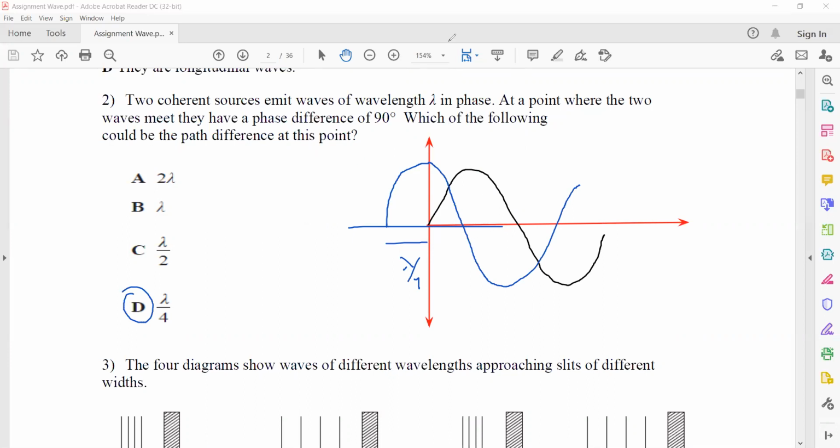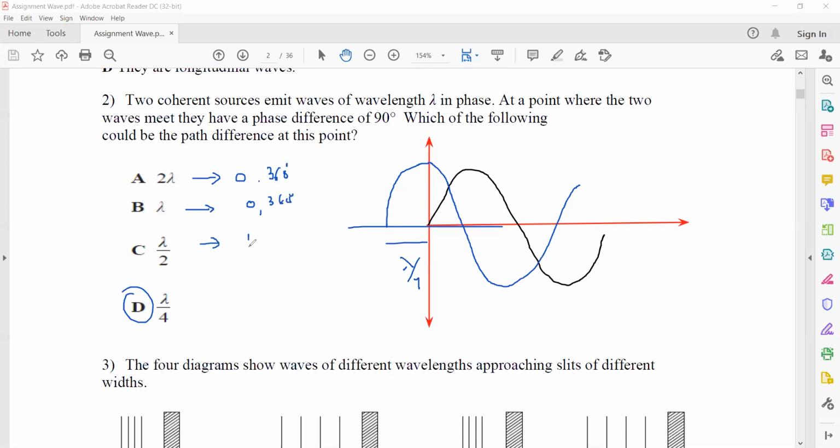If we have to produce half of the wave, basically in terms of path difference and phase difference, if the phase difference is 0 or 360, lambda to lambda, this is also constructive interference. So 0 or 360.